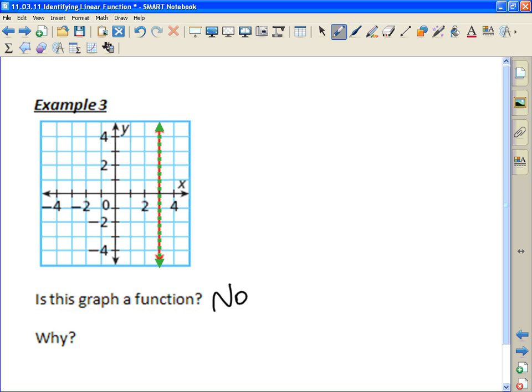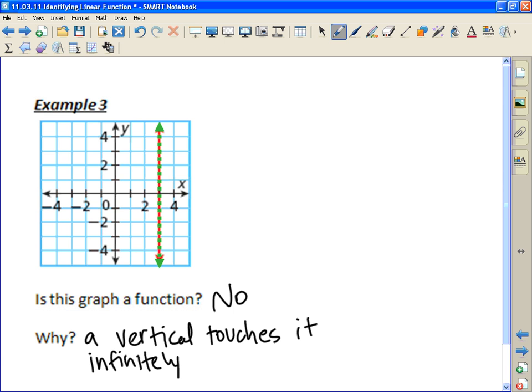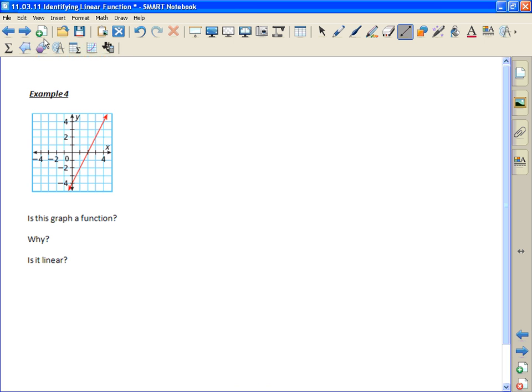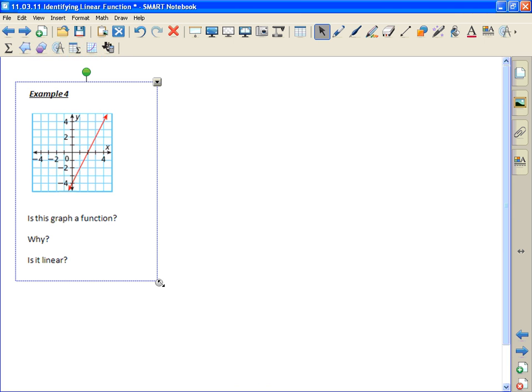The reason is a vertical line touches it infinitely many times. And that's it, right? Does it say, is it linear? No. Okay, so let's flip over and look at example 4.